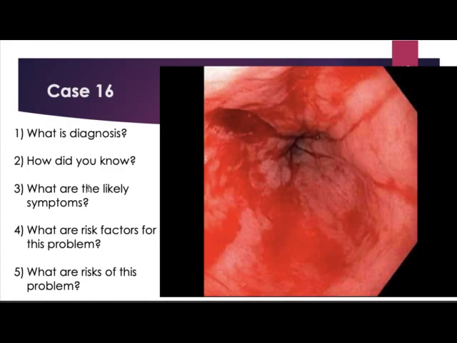So what are the likely symptoms? The symptoms من Mallory-Weiss tear واحد راح يستفرغ دم بشكل قوي. What are the risk factors for this problem? هذا بصير إذا واحد عم بيستفرغ كتير, خصوصا إذا هو بيشرب كحول كتير, وأخيرا بيجرح الesophagus.